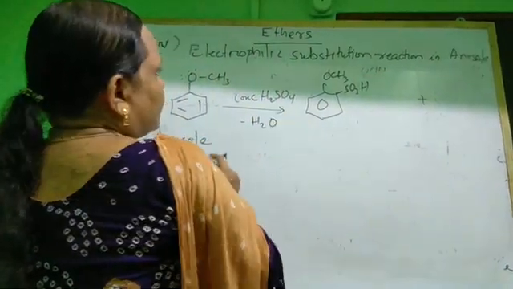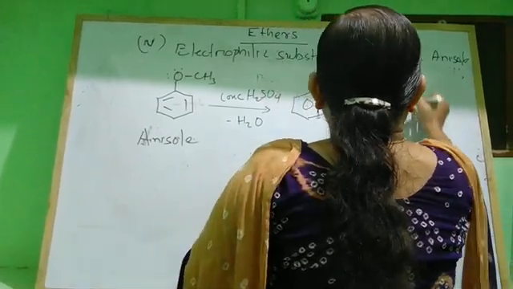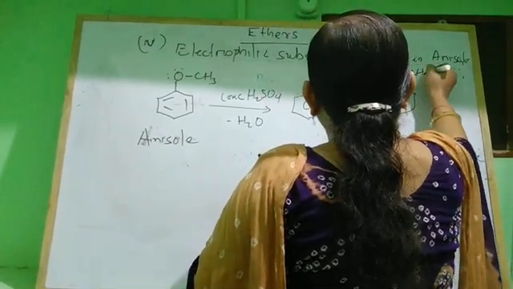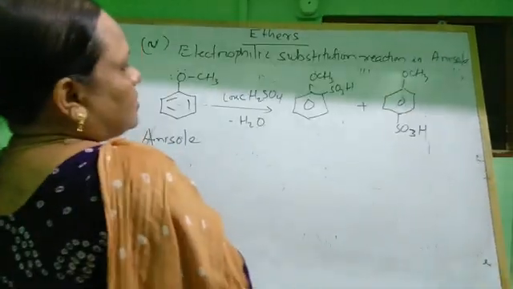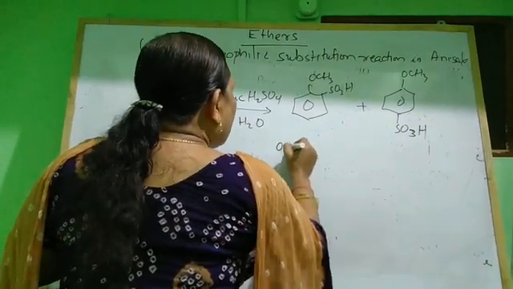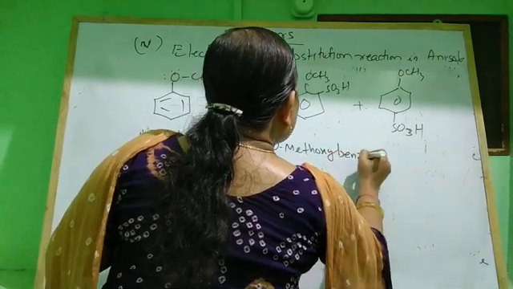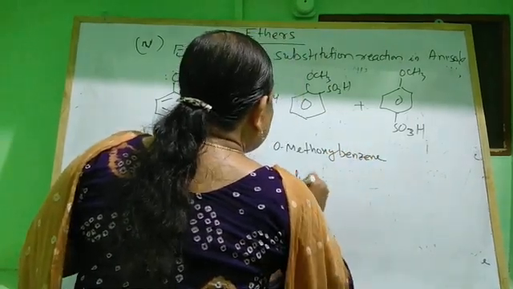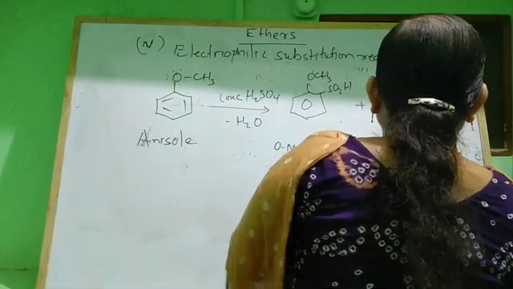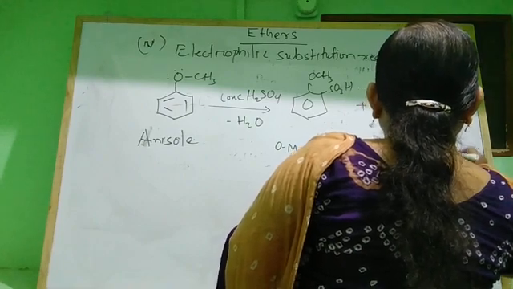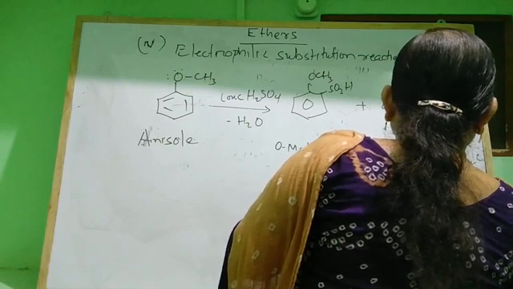minus H2O, that is your orthomethoxybenzene sulfonic acid and this is your para-methoxybenzene sulfonic acid.